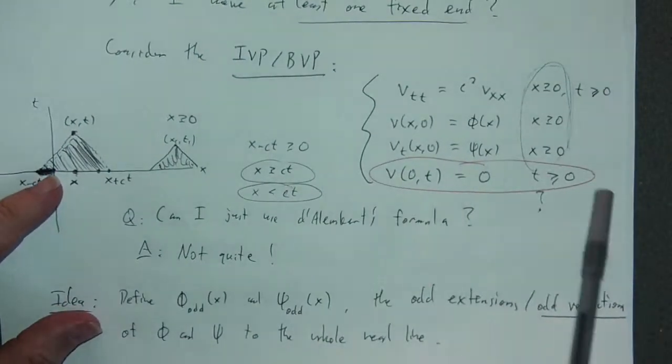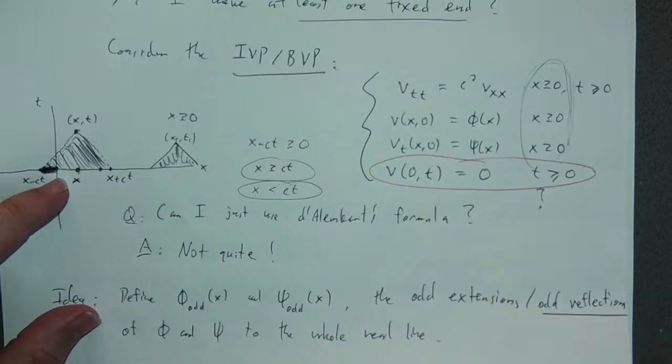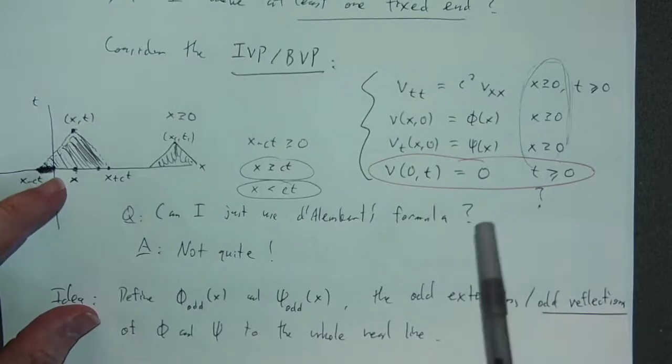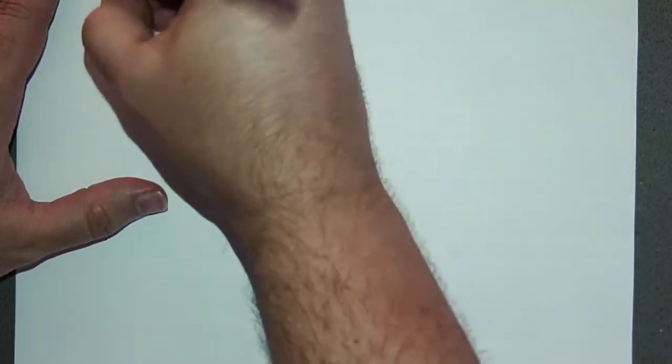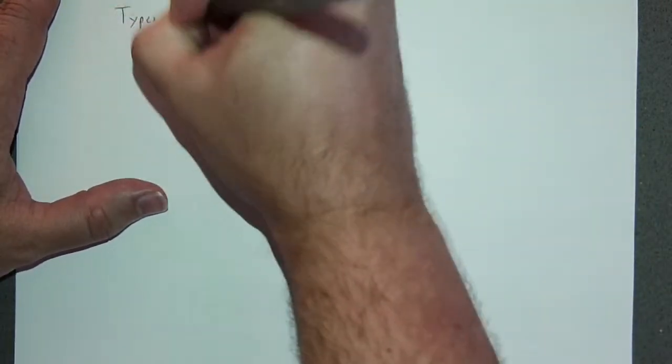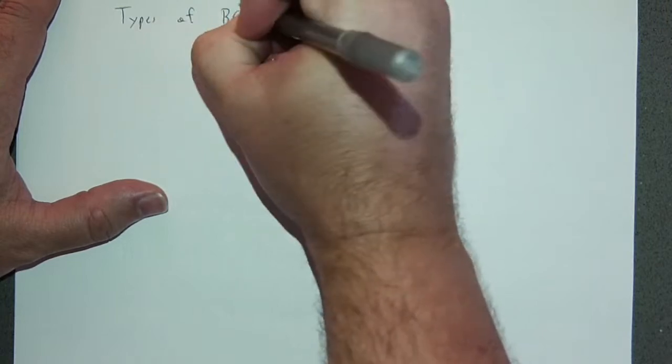This is an example of what's called a Dirichlet boundary condition. So there are different types of boundary conditions that can be specified. Types of boundary conditions.